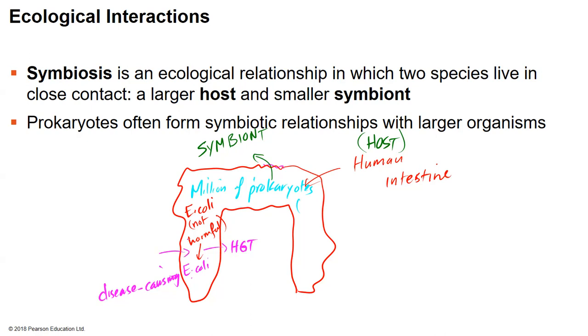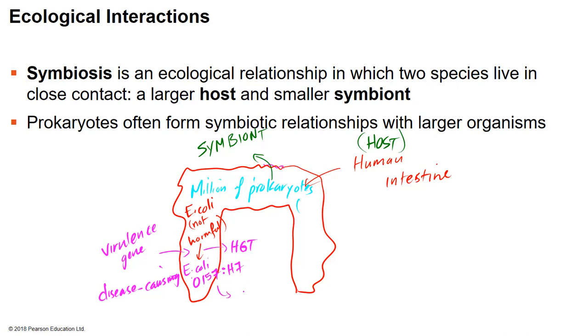So here we have horizontal gene transfer. Basically, virulence genes might transform a non-harmful or safe bacteria into pathogenic or disease-causing bacteria. So, for example, there's a type of E. coli called E. coli O157:H7.